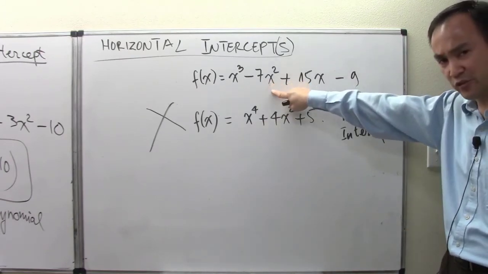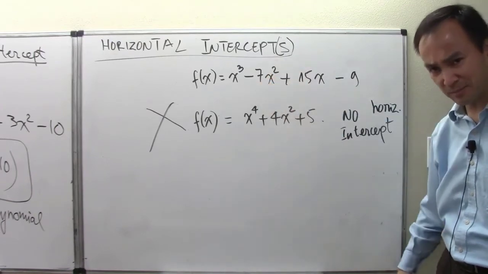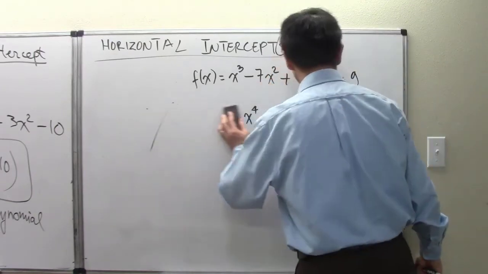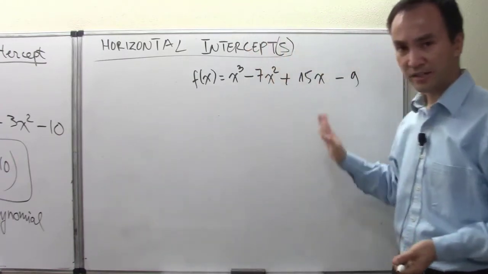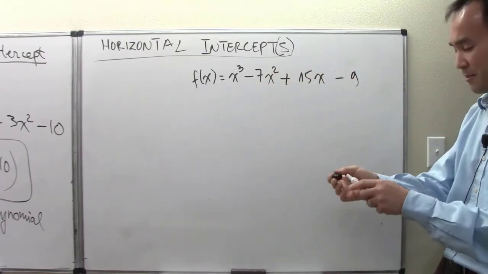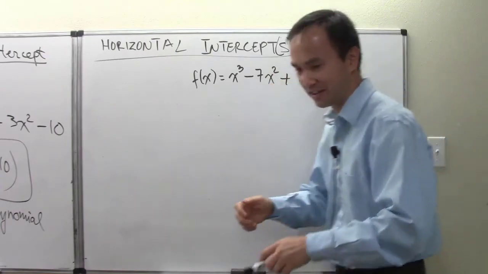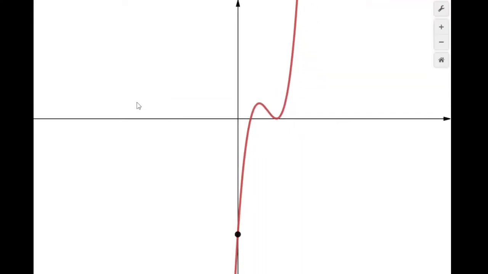Let's pay attention to this one right here, where the graph showed it had two horizontal intercepts. All right, so let's now look at the graph for this particular one, x cubed minus 7x squared plus 15x minus 9. So here we go on our graph.